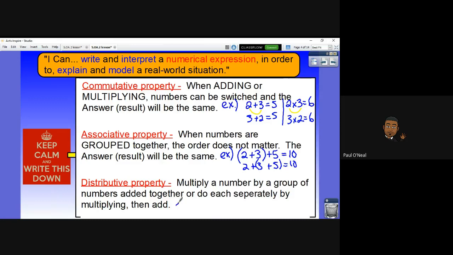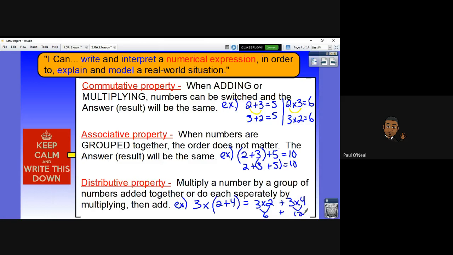So, for example, we have 3 times (2 plus 4), which can also be said as 3 times 2 plus 3 times 4. This would equal 6, and this would equal 12.